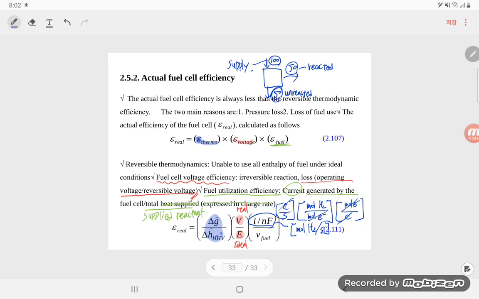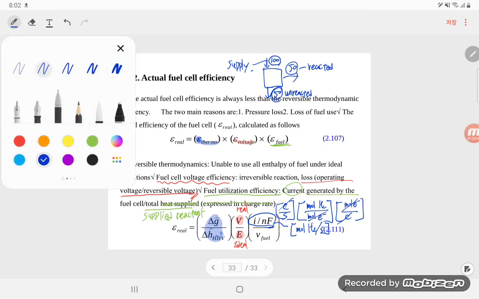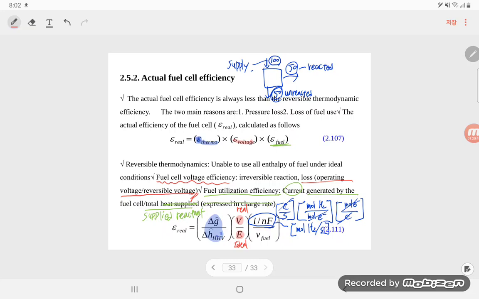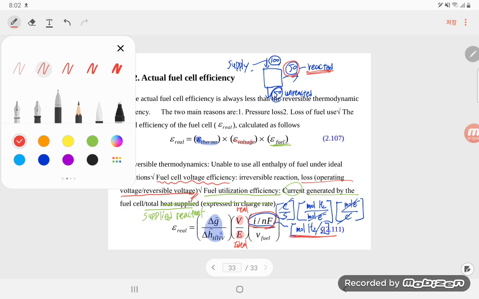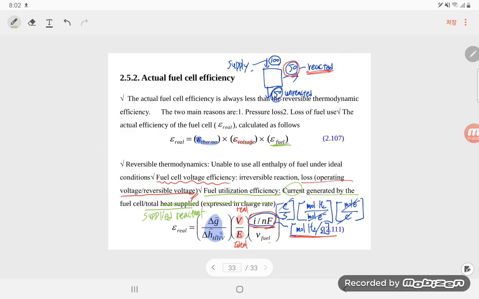If we supply 100, 50 is reacted; this one is for the reacted gas, and this one means the supplied gas flow rate.